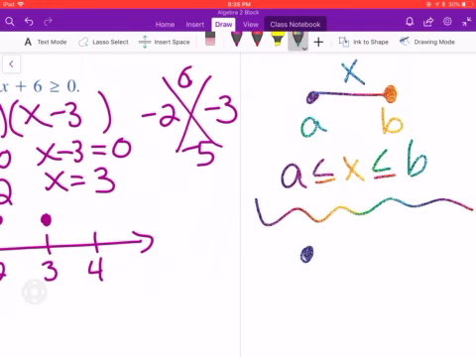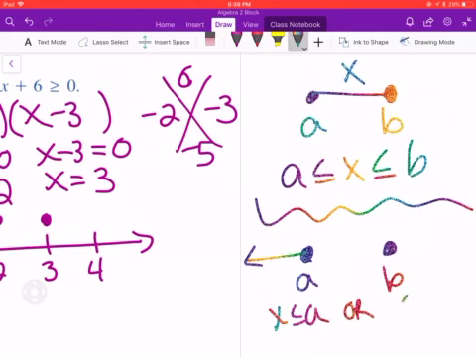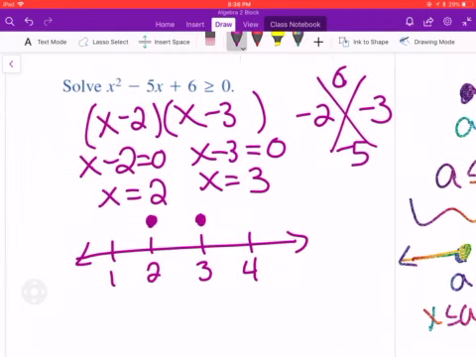Or you're going to have your x's less than or equal to A, or your x's greater than or equal to B. So we have two separate solution sets: you can either have your x's between the two values, or to the left and to the right.